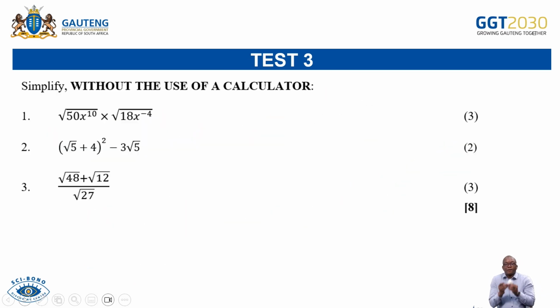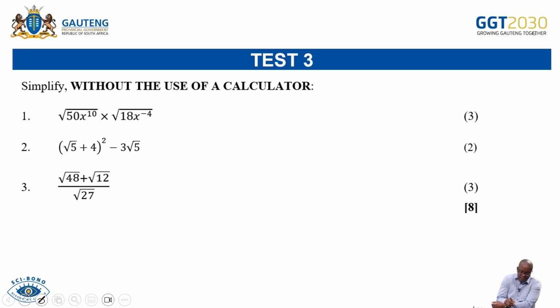Okay. We need to be careful now with the statements that are given as you are required to answer the questions. You can see there they said, simplify without the use of a calculator. Then what do we do there? We have 3 sub-questions there, also out of 8.